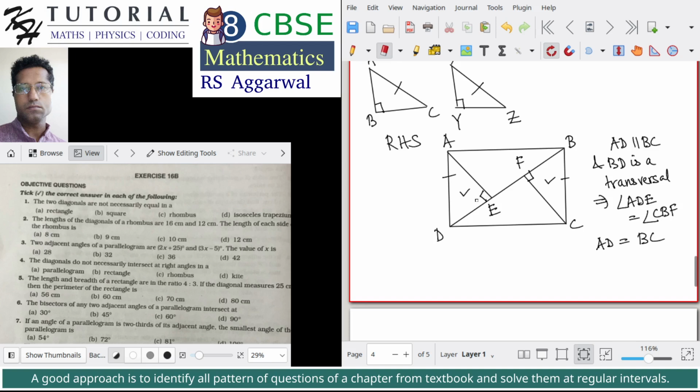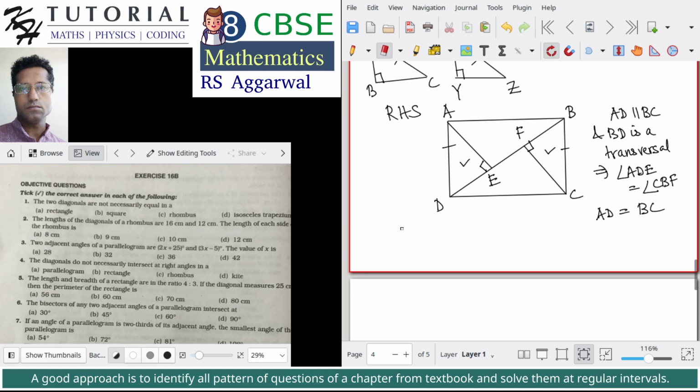So we need equality of one arm of both the triangles, that is one side, either AE. We have to establish the equality of the corresponding arms of the two triangles. Now what we can do, we can prove that AE will be equal to FC.